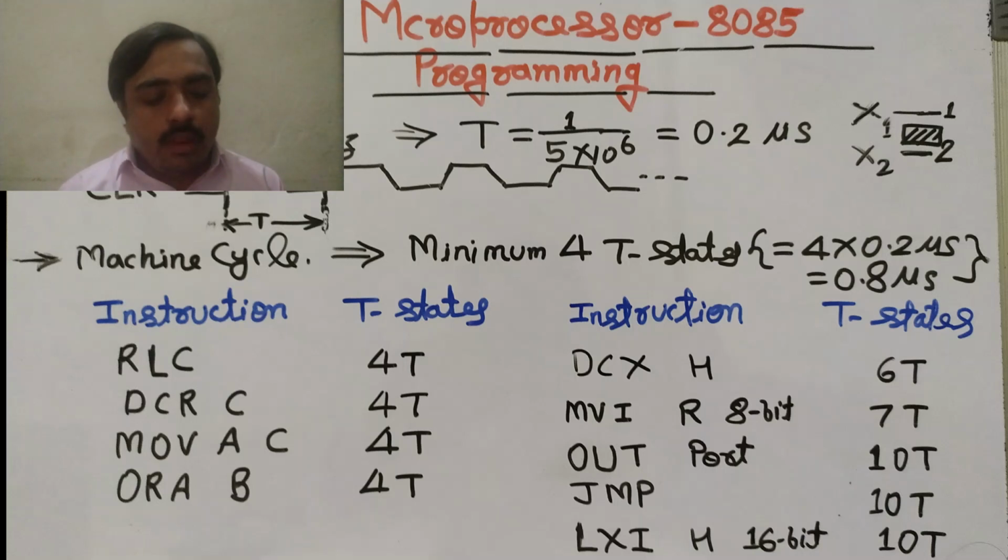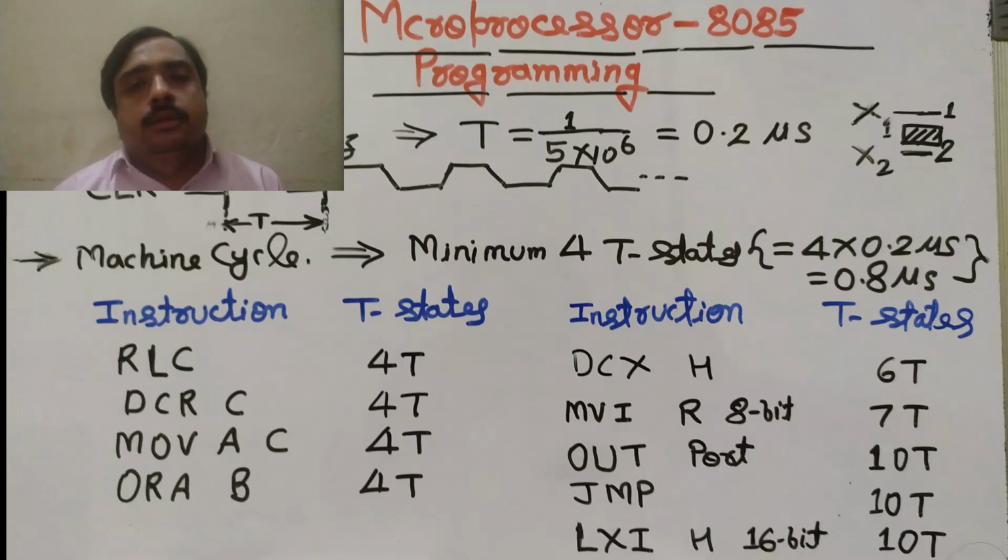Next, LXI H. Here it is also immediate addressing, but the difference between MVI and LXI is that the data to be transferred is not 8 bit. Here the data to be transferred is 16 bit, to the required register.